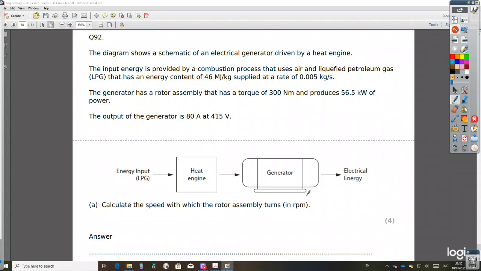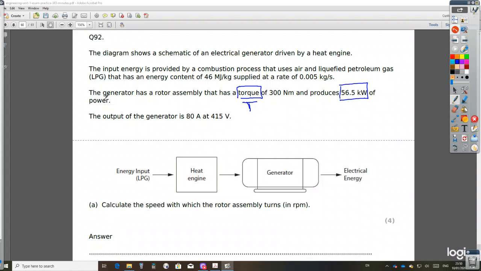So what have we been given? Well, we know the generator has a rotor assembly that has a torque of 30 newton meters. So torque, you're looking for a letter T to represent torque, and it's got a power.